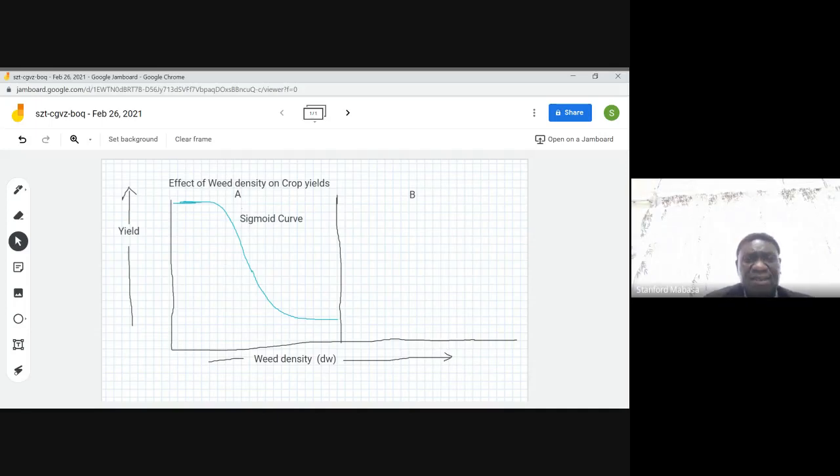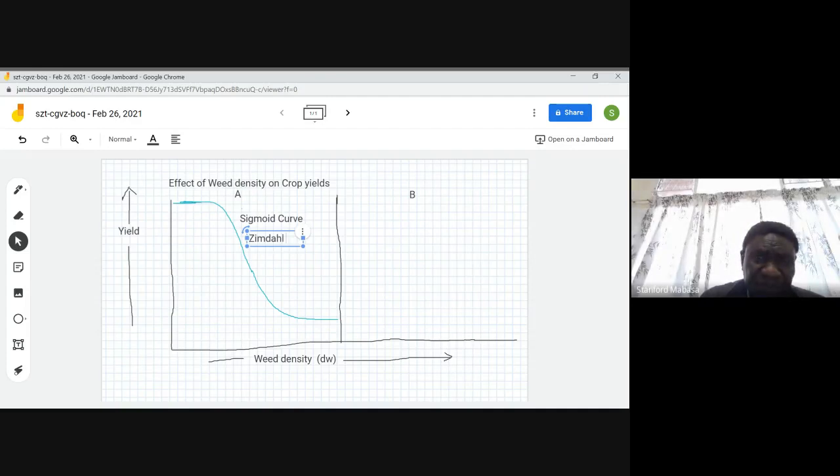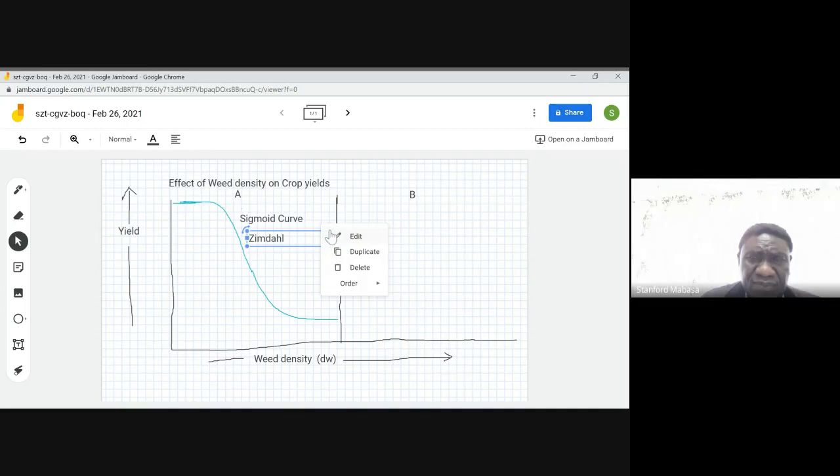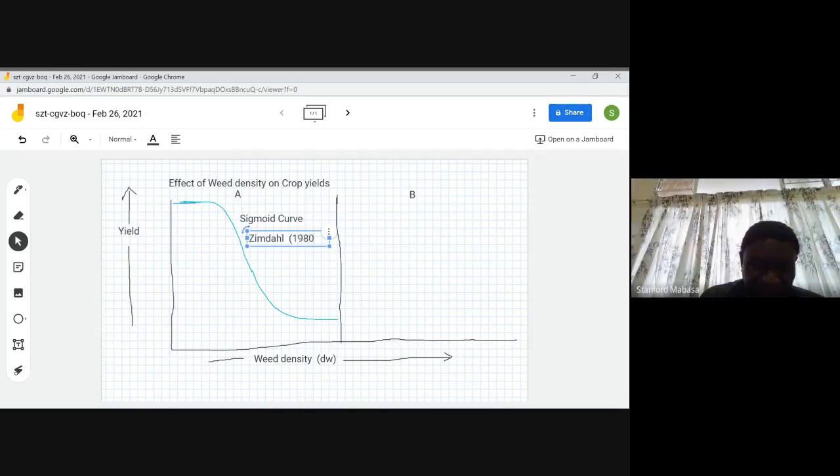Now, this was actually proposed by a weed scientist known as Zimdahl in 1980.